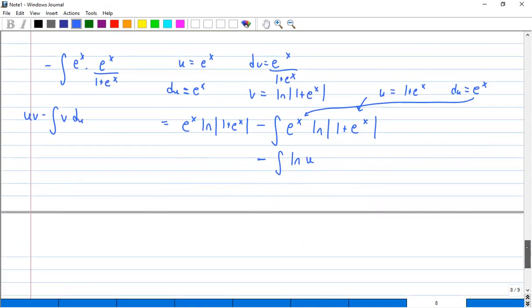Now, that was one of those by parts tricks that you could use where you let your u equal the natural log of this, 1 plus e to the x, and then your dv would be equal to 1.